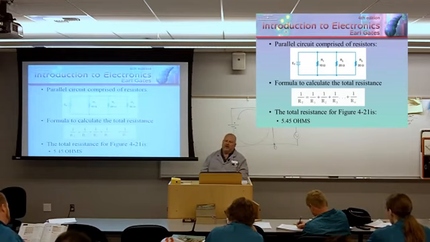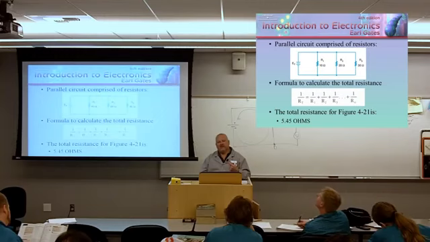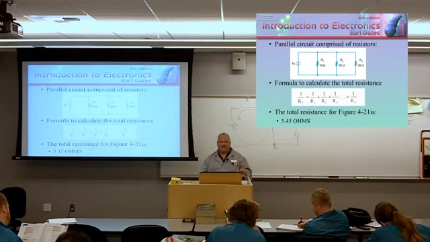The first thumb rule that I want to give you is very, very important. When you're analyzing a circuit like this, the total resistance of the circuit will always be less than the value of least resistance. If not, you made a mistake. Plain and simple.